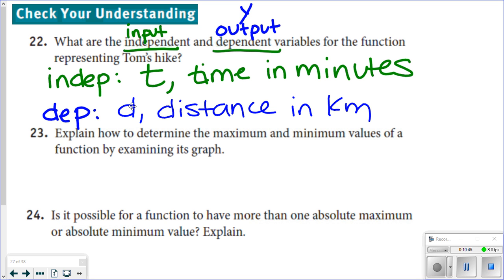Question 23. Explain, in your own words, how to determine the maximum and the minimum values by looking at a graph. How do we find minimums and maximums? We need to look up and down vertically at our y values. We look for any highs and lows, any hills and valleys or peaks and valleys on your graph.